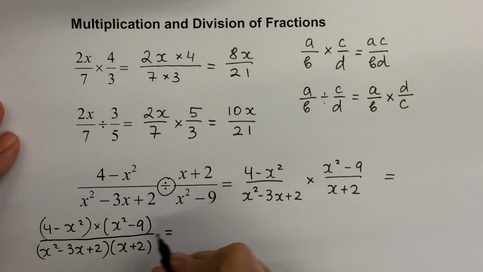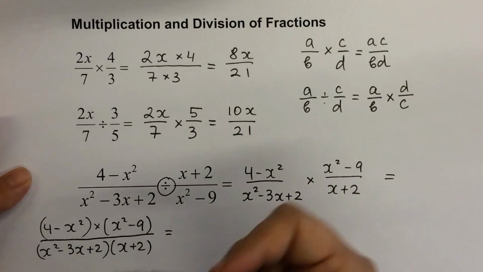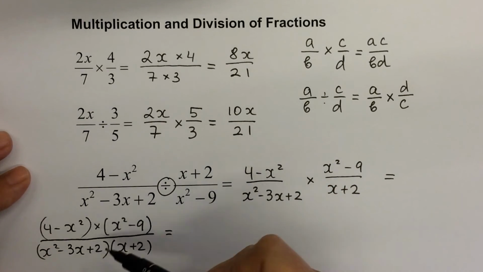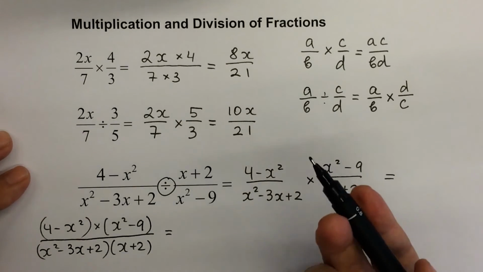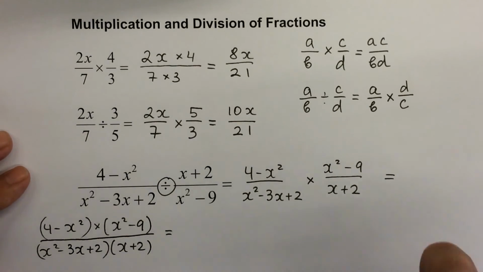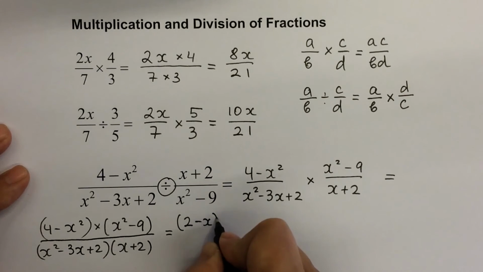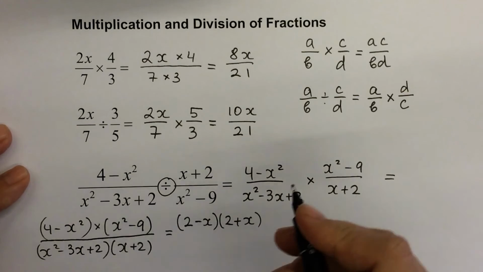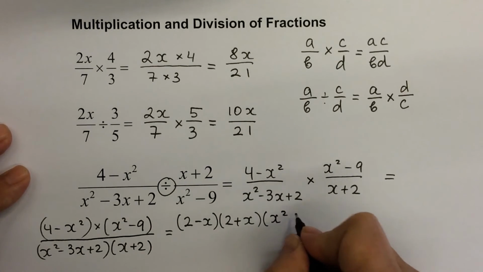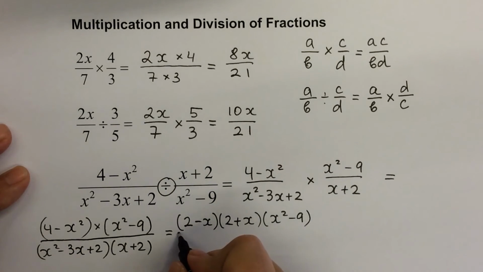Now we try to factorize each of the terms and hope that we get some common terms in both numerator and denominator, which we can cancel out. So this term can be factorized using the difference of two squares. 4 is 2 squared, hence applying the formula we'll have 2 minus x, 2 plus x. I will leave x squared minus 9 as it is for the moment, and I'll factorize it if I need to.